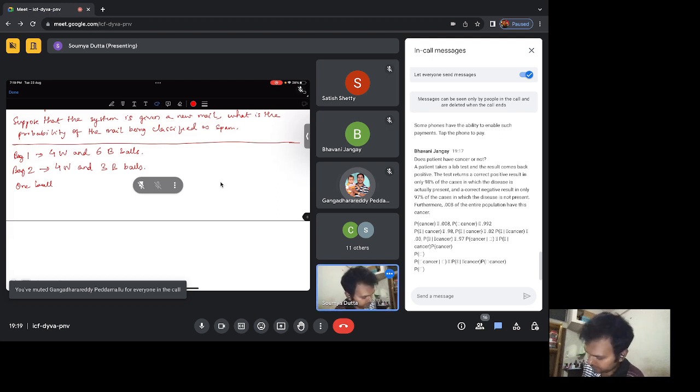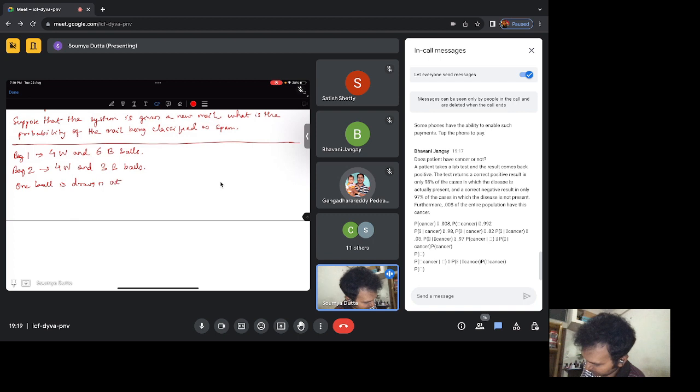One ball is drawn at random from one of the bags and it is found to be black.